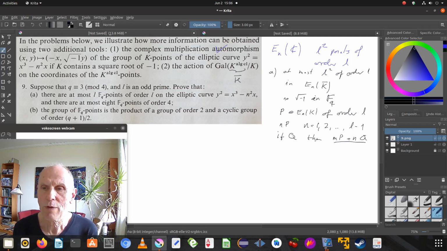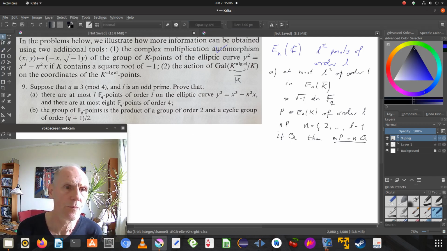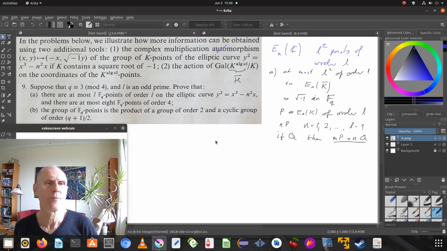Oh yes, because if we have one point (x, y), say that's the guy, then the one mapped by here, if it exists, which it doesn't, none of these points may be equal, so that gives L squared points of order L.